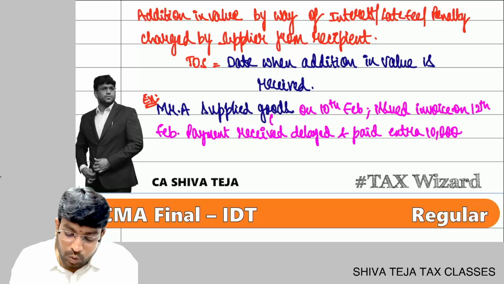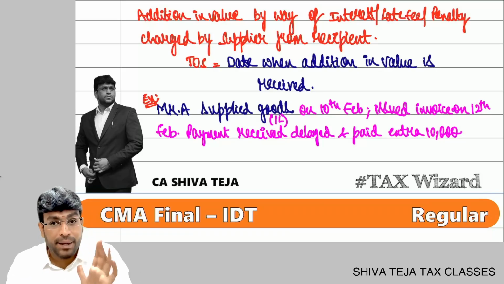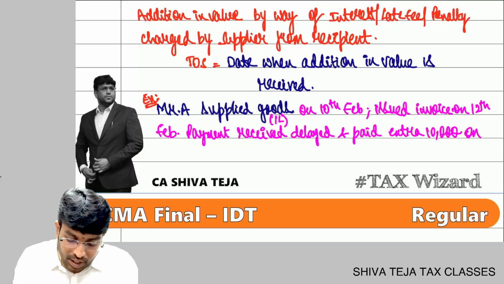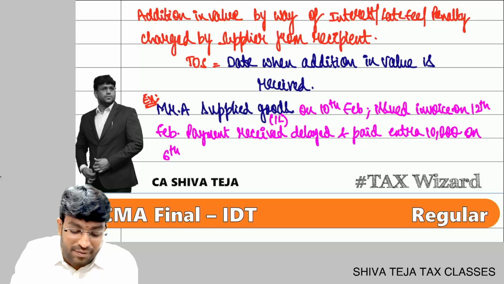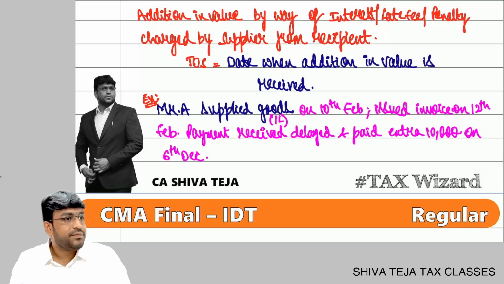Let us say he supplied goods for 1 lakh, sir. Originally supplied for 1 lakh and payment got delayed. He paid extra 10,000 on 6th December. Sir, you observe carefully, somewhere in January, February he gave invoice and is getting payment in December. Speak out. Yes, everybody, sir.